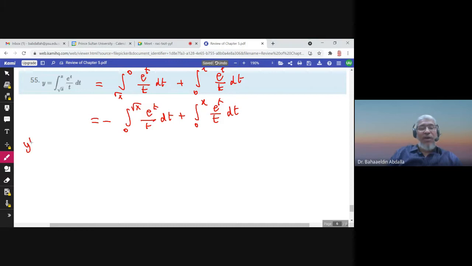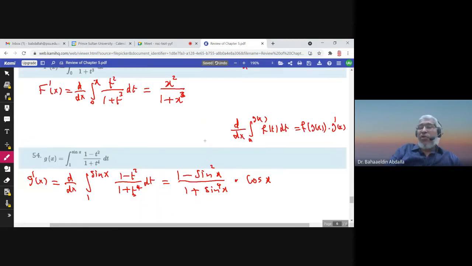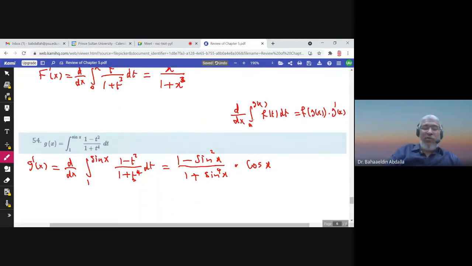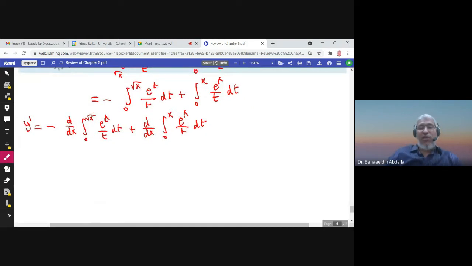And now I'll find the derivative. The derivative would be d by dx of the first integral plus d by dx of the second integral. And now I can use this formula to find the derivative of the two integrals.